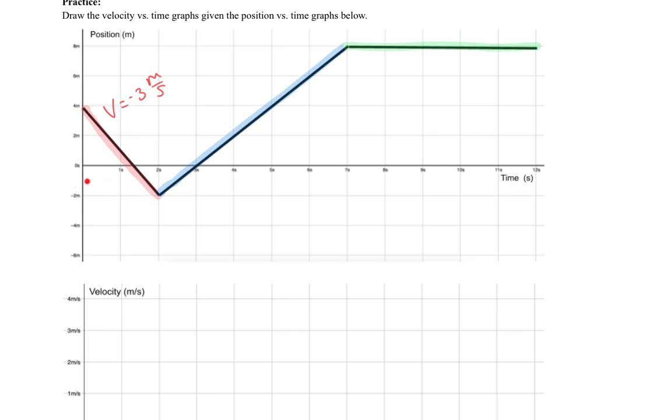Now, I can see that each of these boxes is worth 2 going up, so I'm going from negative 2 all the way up to 8. So that's 2, 4, 6, 8, 10. So that's 10 meters in 1, 2, 3, 4, 5 seconds. So velocity here, 10 meters in 5 seconds, must be 2 meters per second.